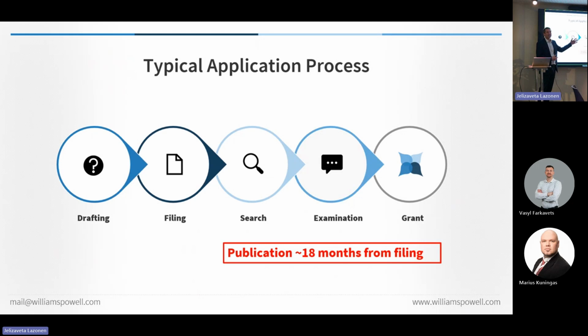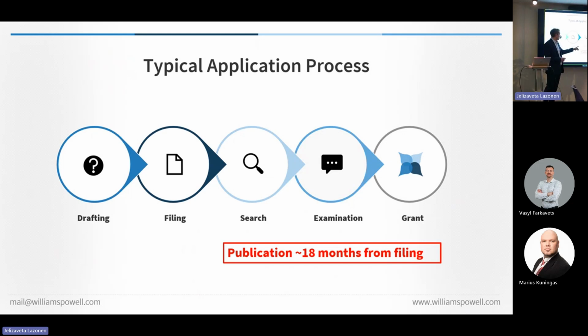And then you enter a substantive examination, where there might be more of a discussion between the applicant and the examiner about whether the invention should be granted a patent. It might involve making some amendments to what we've claimed, and we'll talk a bit about that later. But that whole search and examination process takes a few years.